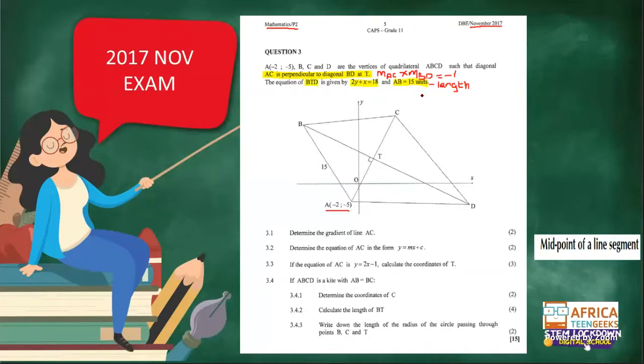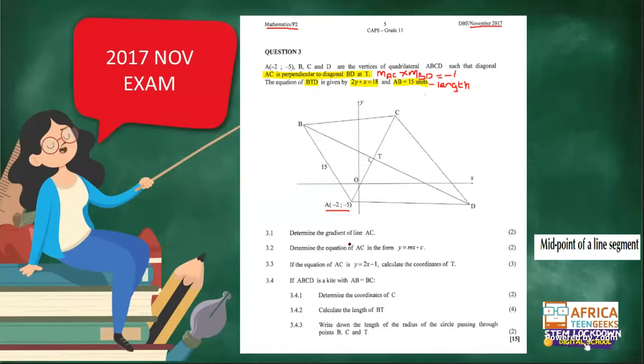So we also have the length of AB. Now that we know what we are given, we can go through the question to see what we need to do.